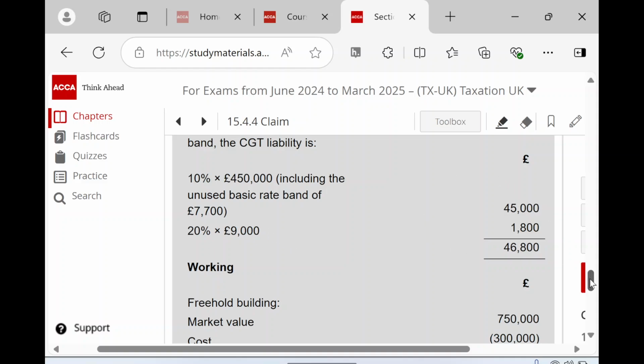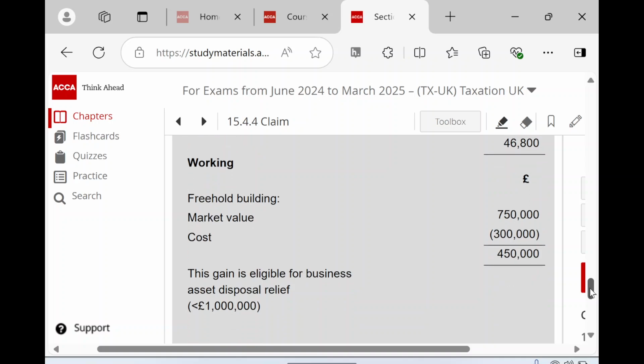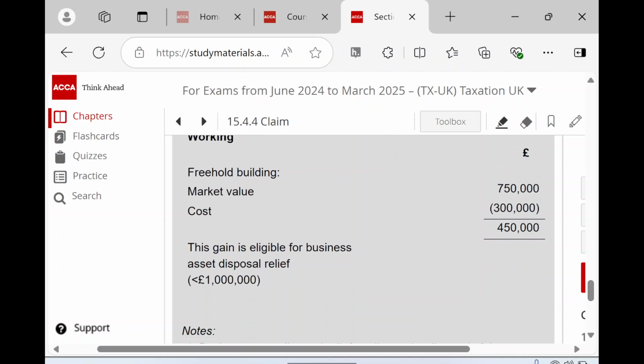Now let's take a quick look at the working. Reasonably straightforward, to be honest. You know, we basically got a three-liner, yeah? Market value less cost equals 450. Now, this is well below the limit, and remember, there were no other relevant BADR disposals as mentioned within the question, so we're good.